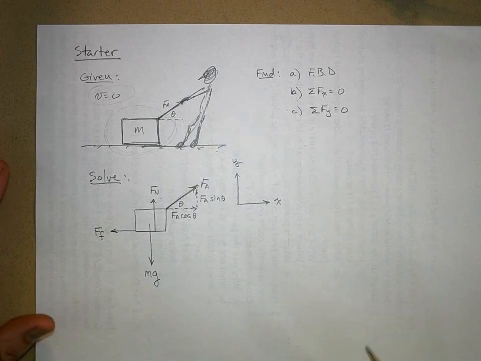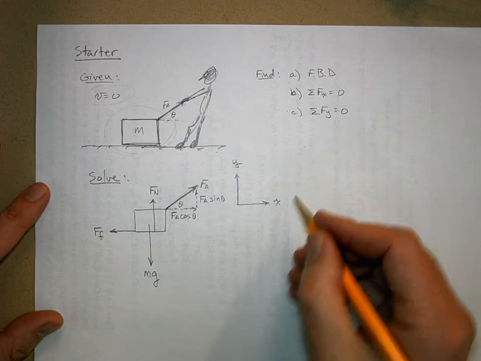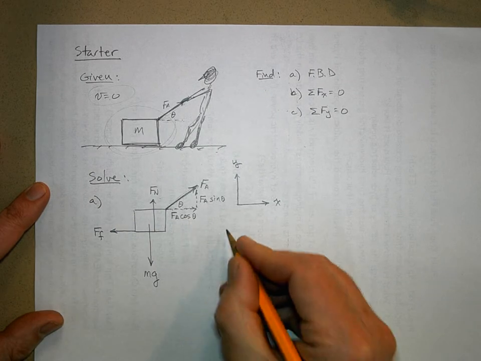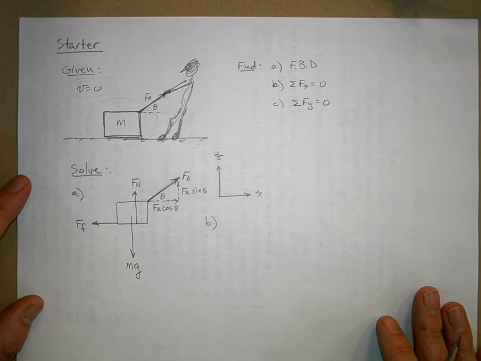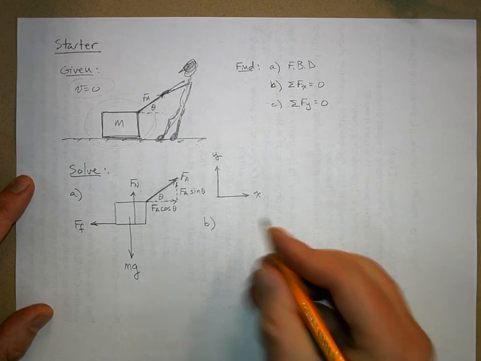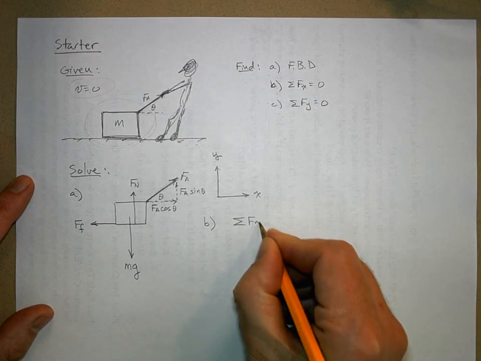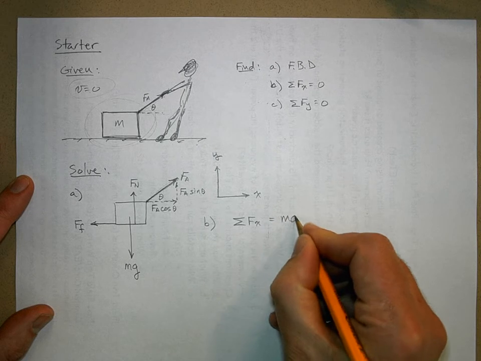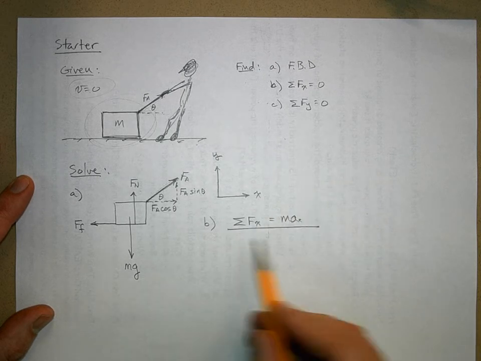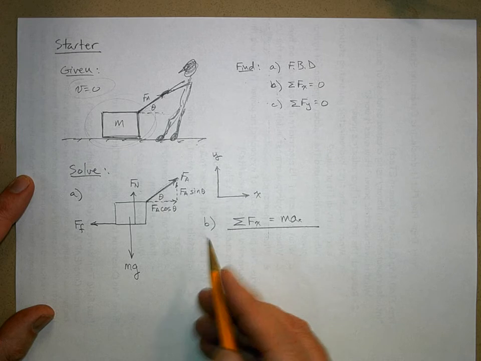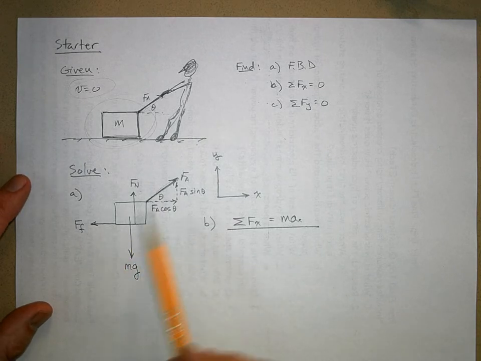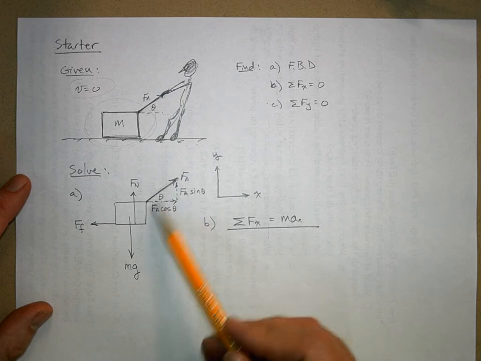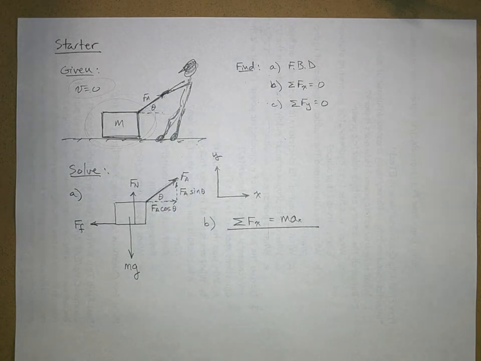So now we can do part B and C. This was all A. But part B, I'm going to add all the forces in the x direction. They equal ma in the x direction. So I'll sum the forces in the x direction. There's 2 of them. There's the force of friction, but look at this. Here's FA, but only part of FA is in the x direction.